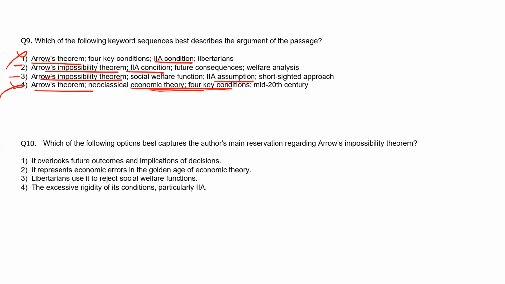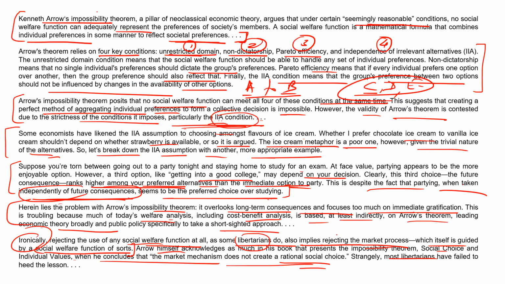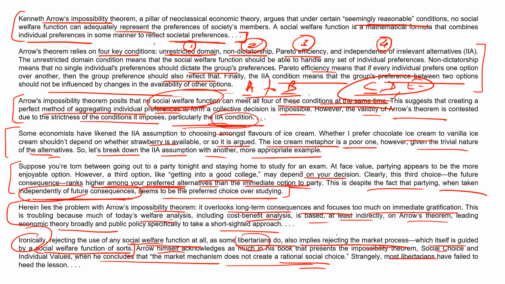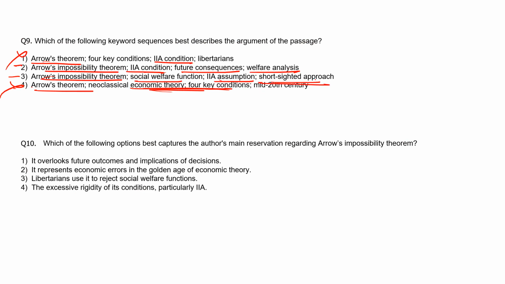Now, the options: IIA condition, future consequences, welfare analysis, social welfare function, IIA assumption, short-sighted approach. Here we see impossibility theorem is covered, then no social welfare function can meet all of these at the same time. Then IIA assumption is covered, that IIA is particularly difficult or strict, and it is a short-sighted approach because you are not taking care of long-term consequences.